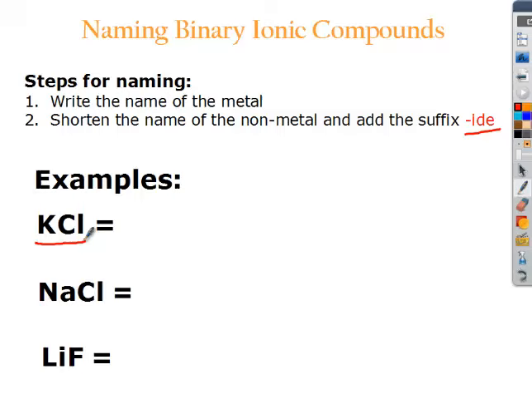K is number 19, and that is an alkaline metal. Since that's an alkaline metal, I'm going to name it first. So I'm going to put potassium. Potassium. And now I have Cl.